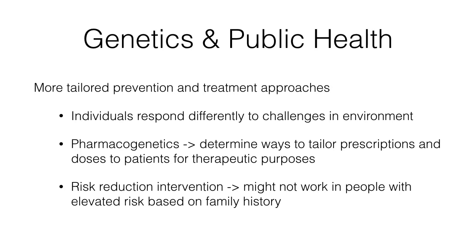Individuals respond differently to challenges in the environment. We can determine ways to tailor prescriptions and doses to patients for therapeutic purposes, and reduce the risk of intervention because it might not work in people with elevated risk based on family history.